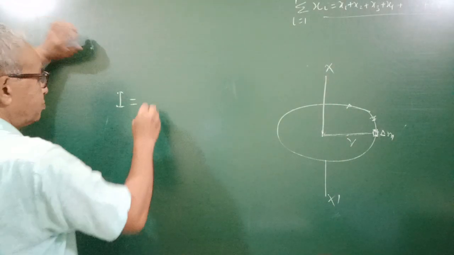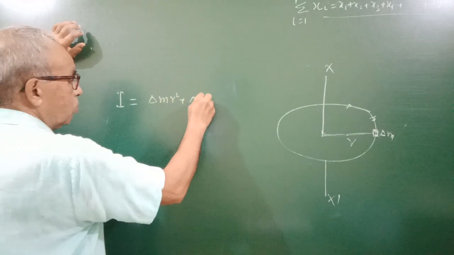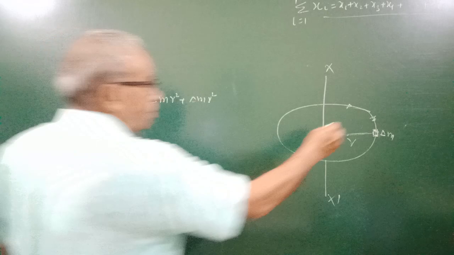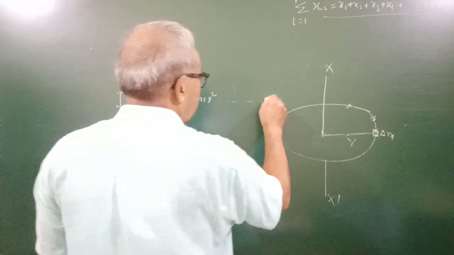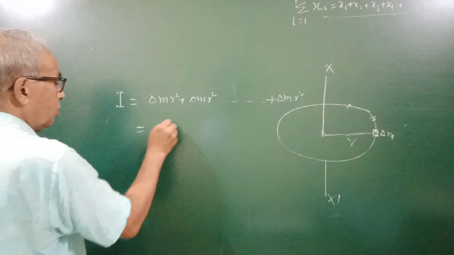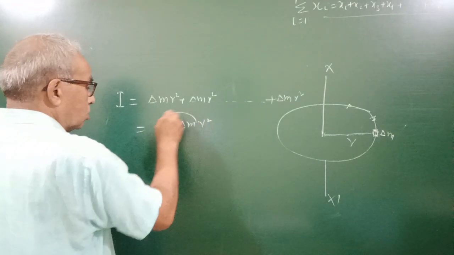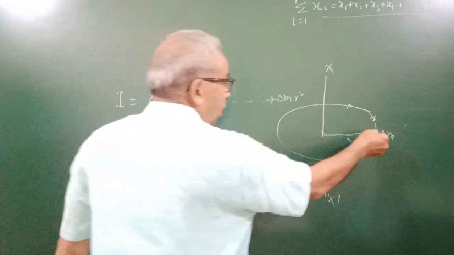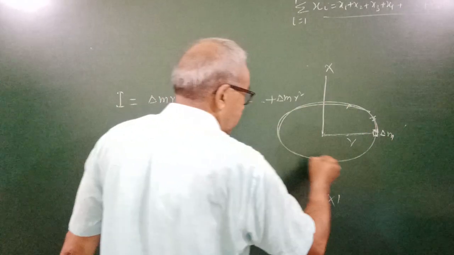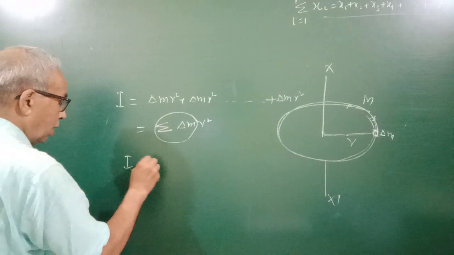It is delta m r square plus delta m r square, and so on, all at the same distance r, and when we finally add them, we get summation delta m r square. Summation delta m is the total mass of the ring. Suppose that is capital M. So I equal to M r square.